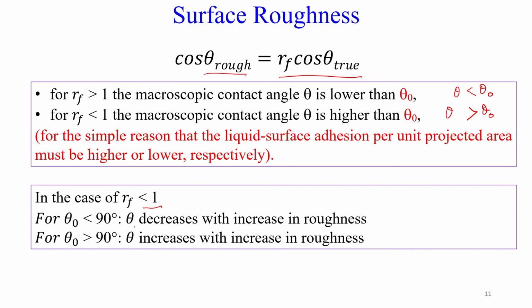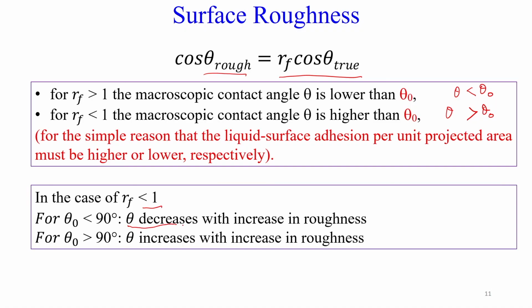If the contact angle decreases as you increase the roughness, it means you are increasing the contact area, you are going to have a more wettable surface, or you can say the surface will become more hydrophilic.